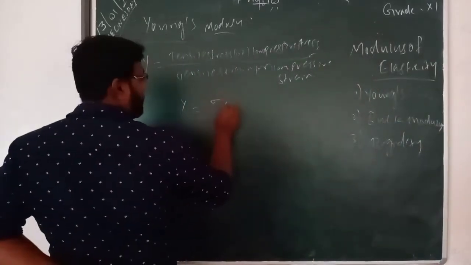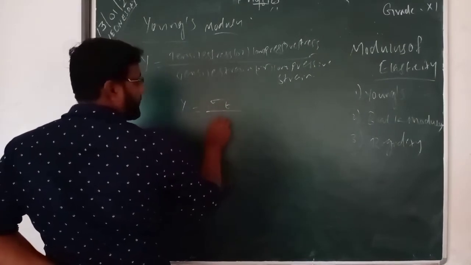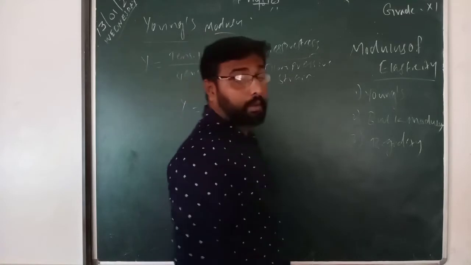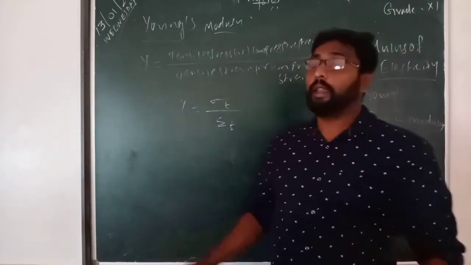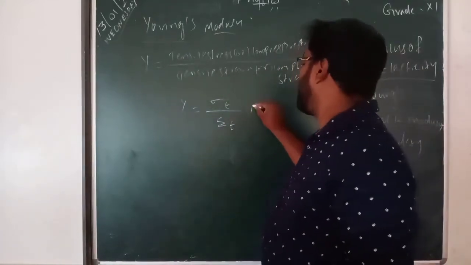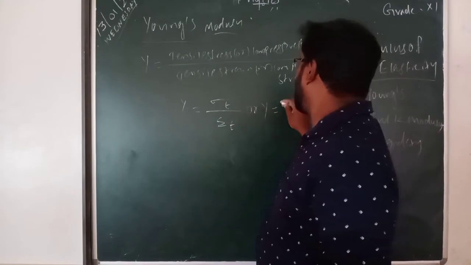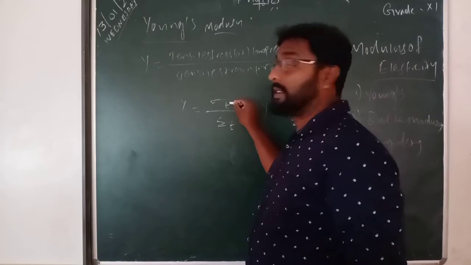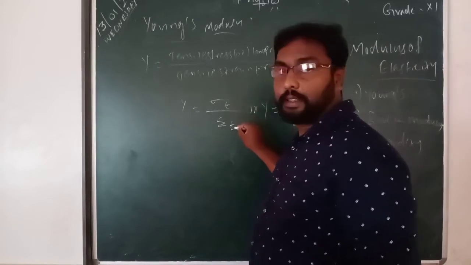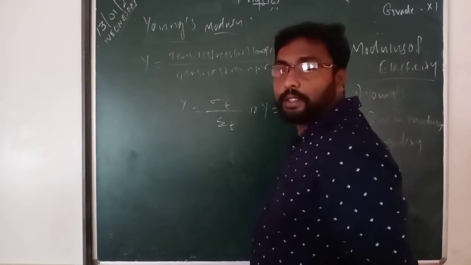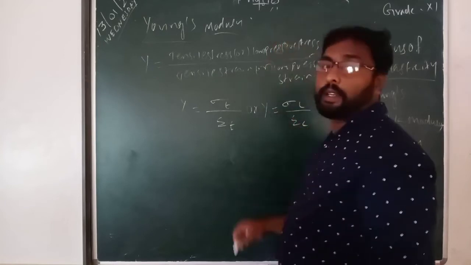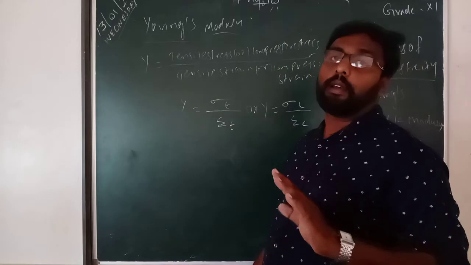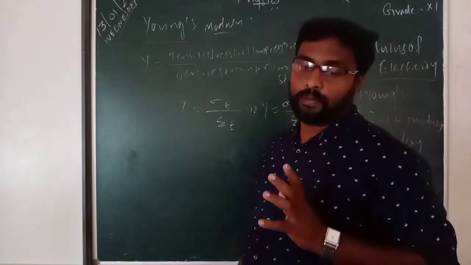Tensile stress by tensile strain: Y is equal to sigma t by epsilon t, or Y is equal to sigma c by epsilon c, that is compressive stress over compressive strain. If you take both ratios, we get the Young's modulus values.